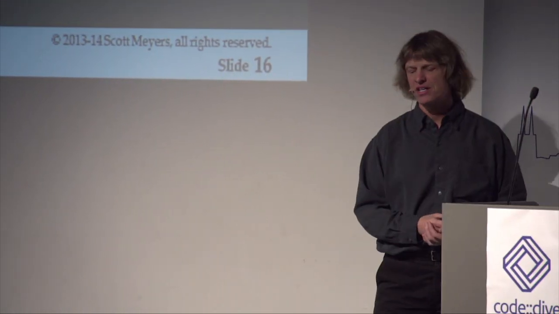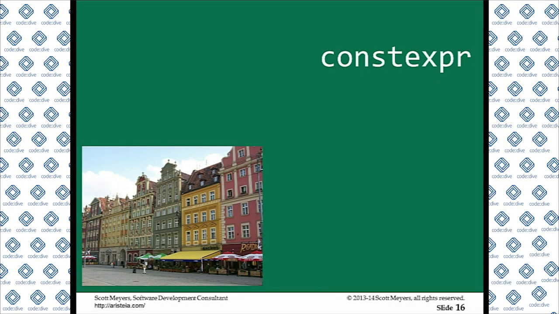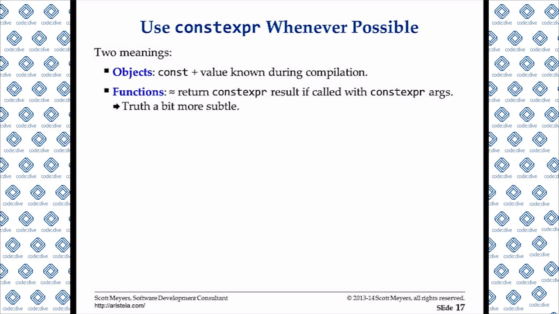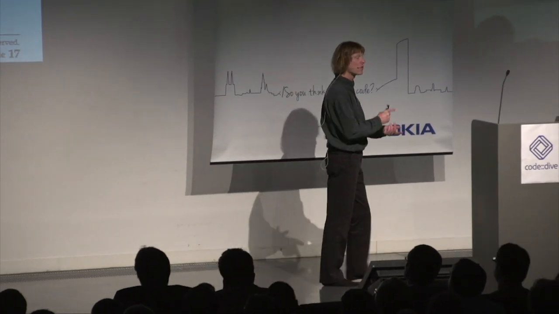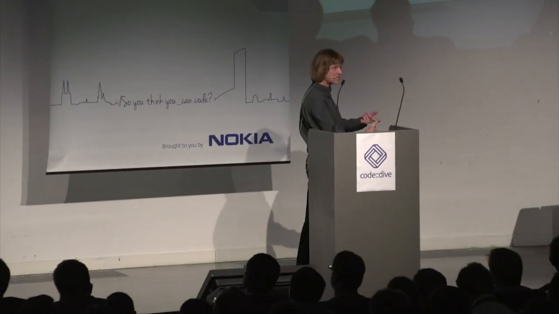Next thing I want to talk about is constexpr. In fact, I want to give you some advice. Here's my advice. Use constexpr whenever you can. Now, the thing about constexpr is it actually has two completely different meanings. Constexpr for objects means that, number one, the object is const, and number two, its value is known during compilation.